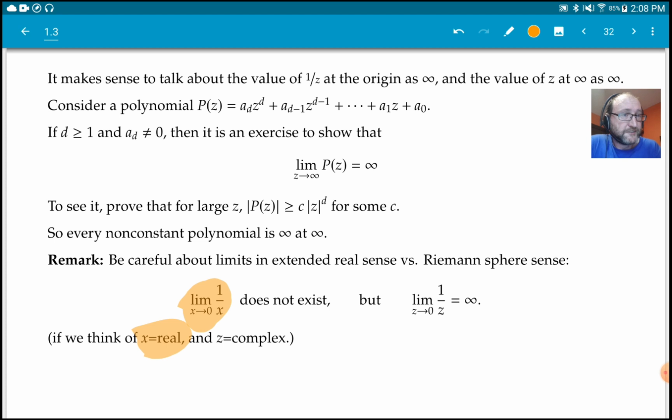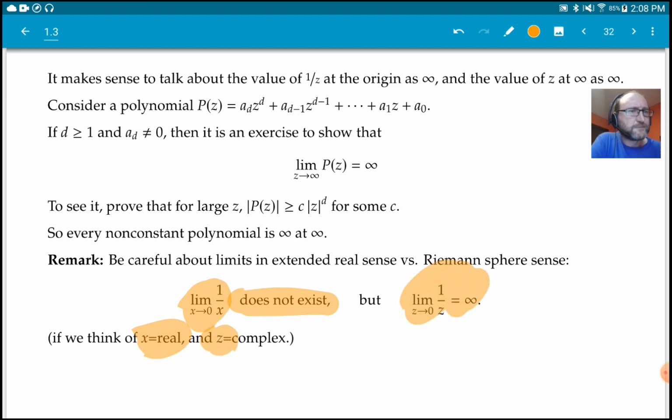In which case the limit doesn't exist. It clearly doesn't exist, because from positive x it goes to plus infinity, and from negative x it goes to negative infinity. Okay. But whenever we see z, we mean complex.